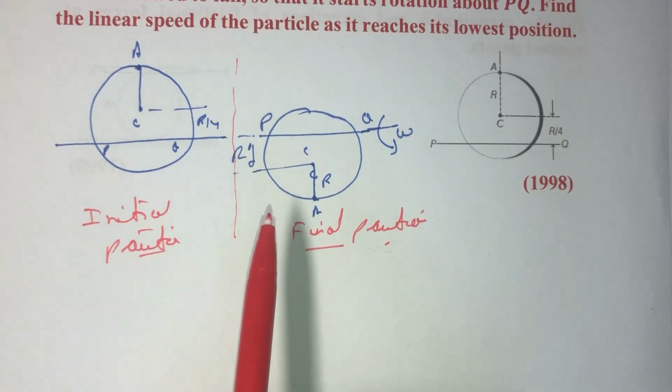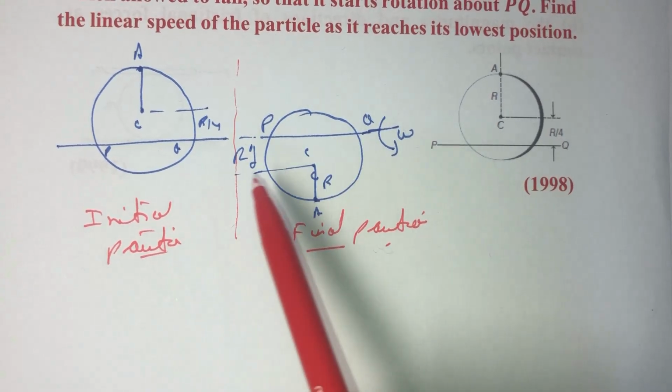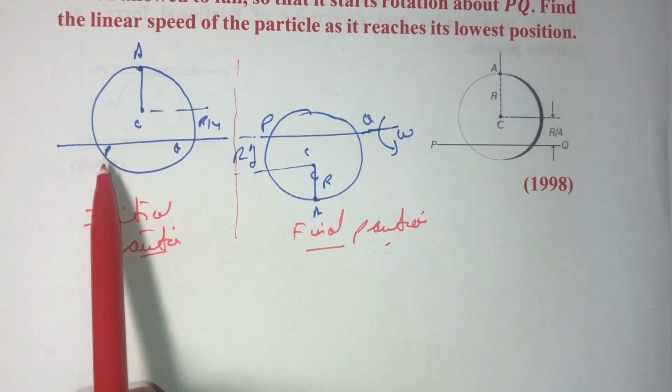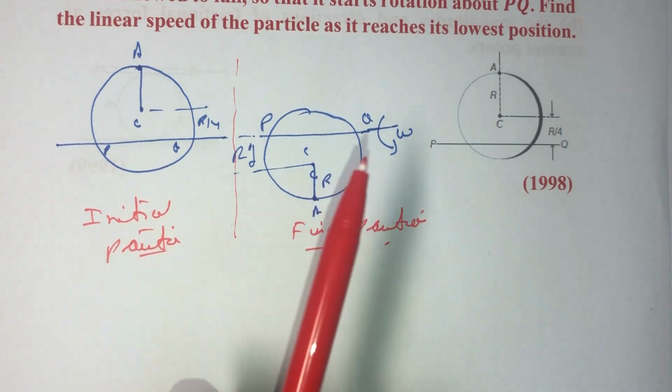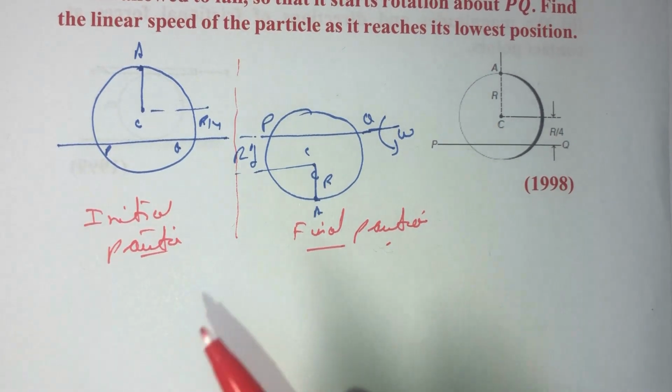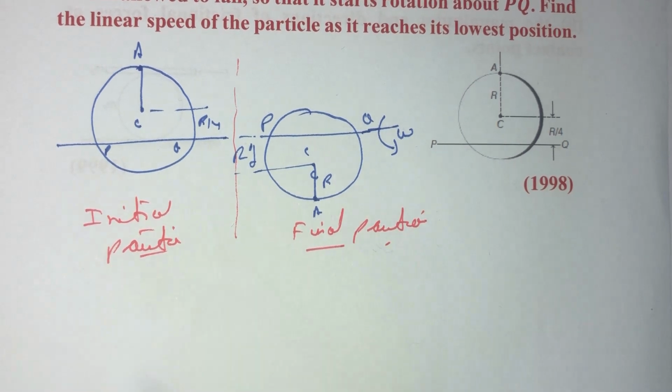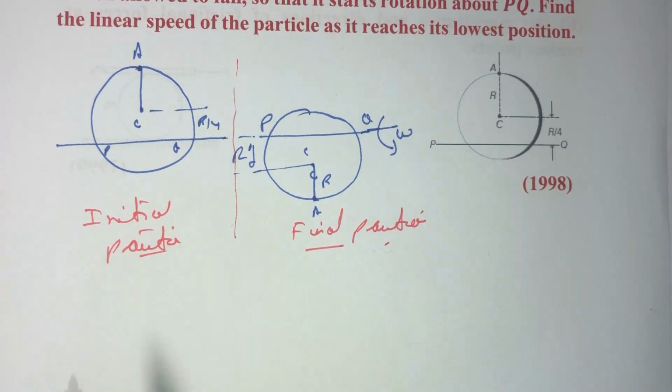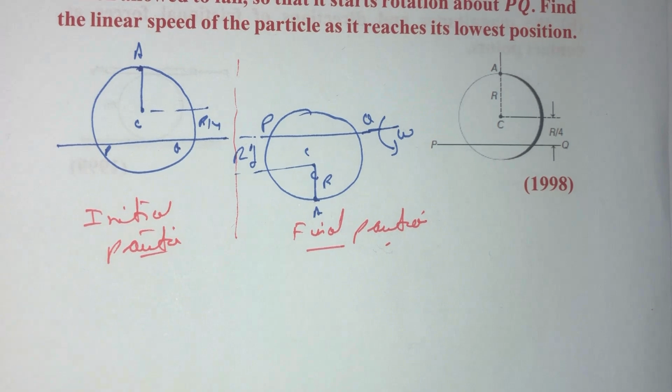And here this disc is rotating about the chord PQ. Okay. So for the initial position we are going to find out energy, and for the final position we are going to find out their energy, and then we are going to proceed further.